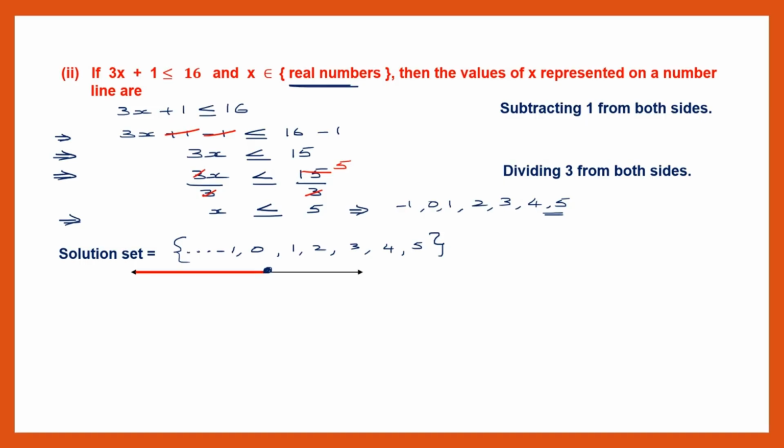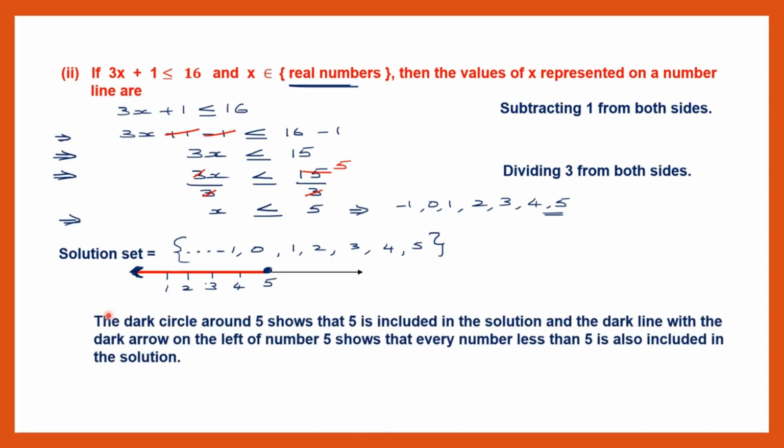I put a dark dot here, and this will be 5, and all these will be 4, 3, 2, 1 and so on. All this will go on. And here this arrow mark should be a darker one. This arrow mark is darker, and the line that I've drawn on top also should be darker. So this is to show that the numbers begin from 5 and it keeps going on to the left side, because there are many numbers on the left.